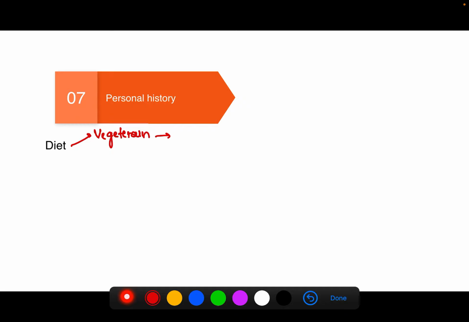Diabetic patients are started on metformin, and one of the side effects of metformin is that it can cause megaloblastic anemia. It can decrease the B12 levels. So you should be very cautious when adding metformin in a vegetarian patient, because the patient is more prone to develop megaloblastic anemia.